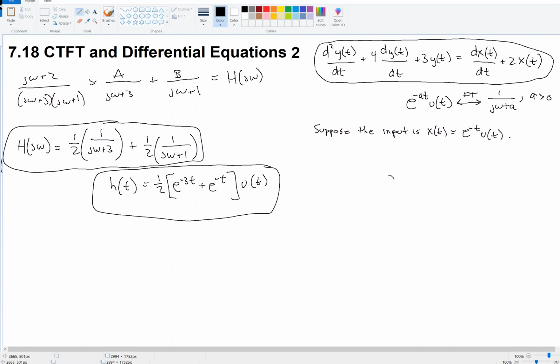Now, that might sound contrived or textbook, but this is the kind of signal you get from a decaying RC circuit. The circuit doesn't decay, the capacitor decays in an RC circuit. So this signal could be coming from a resistive capacitive circuit, and it's also nice that we have the Fourier transform of this thing right there ready to go. So the goal here now, given x of t, given the differential equation, find the output, y of t.